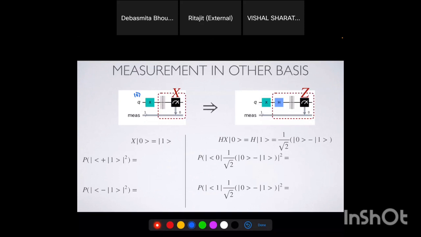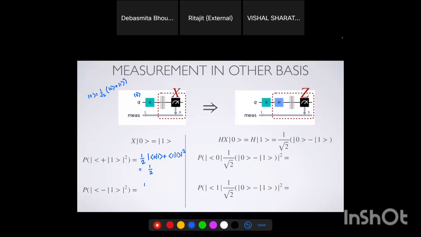And if you are measuring this in the x basis, remember plus is 1 over root 2, 0 plus 1. So if we take the modulo square, we can take half out. So it will be mod of 0,1 plus 1,1, and this will be half because inner product of 0 and 1 is 0, 1 and 1 is 1.